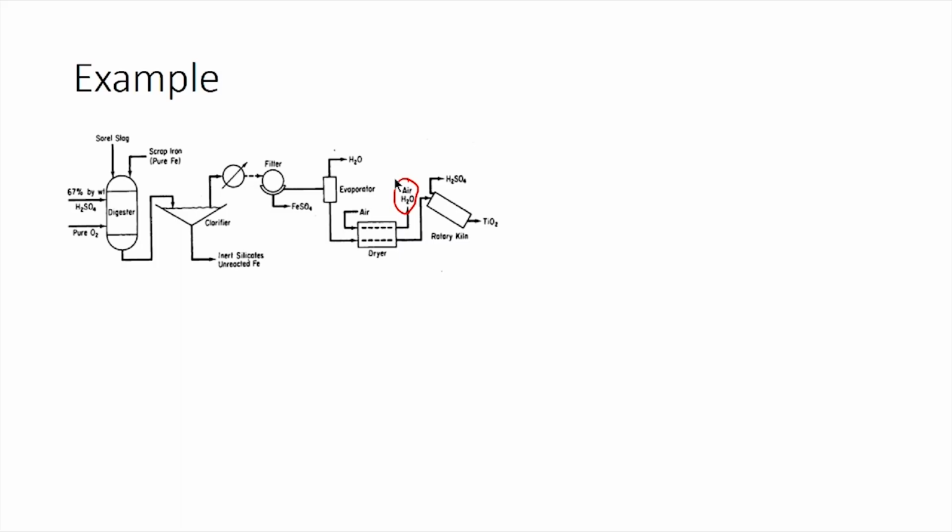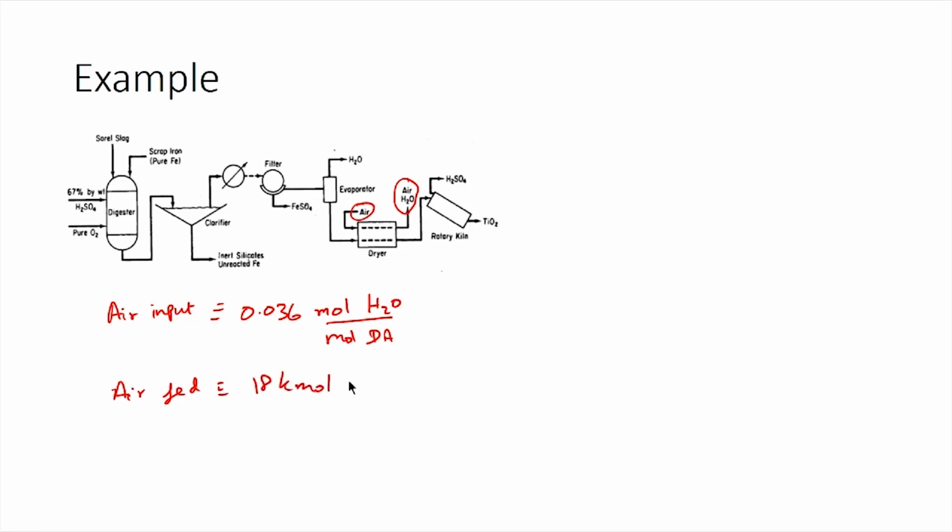Based on the information we have, the air input has 0.036 moles of H2O per mole of dry air, and air is fed at a rate of 18 kilomoles of dry air per 100 kilograms of swirl slag.